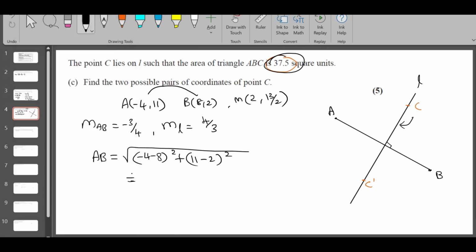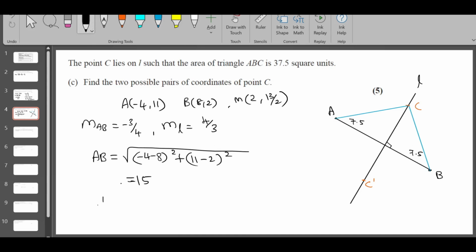The length of AB is 15, so definitely this is 7.5. Now look at the area of this triangle. You can take C on any side, doesn't matter. The area is still 37.5.